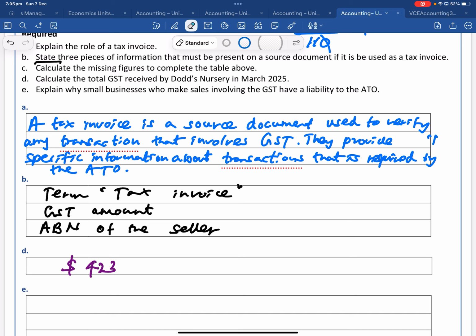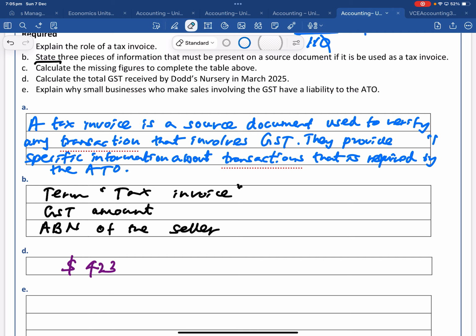Why is that? Because you make sales. We make more sales revenue than we spend money. That's how we make a profit. Otherwise, let's say our sales is 1,000 and we are spending 1,500 on expenses on which we pay GST.